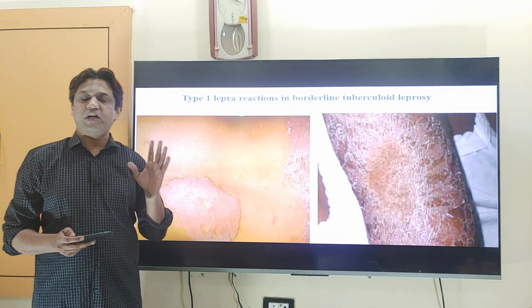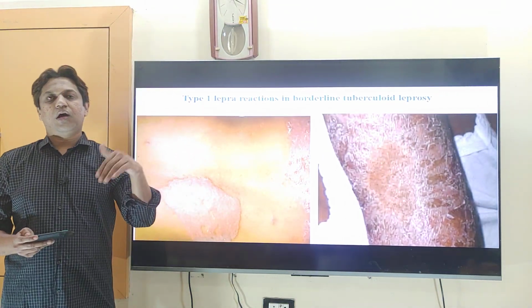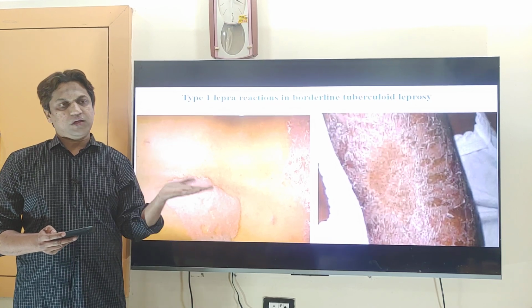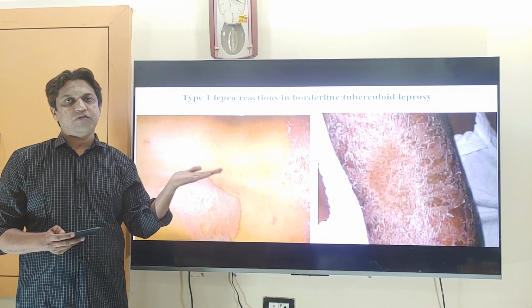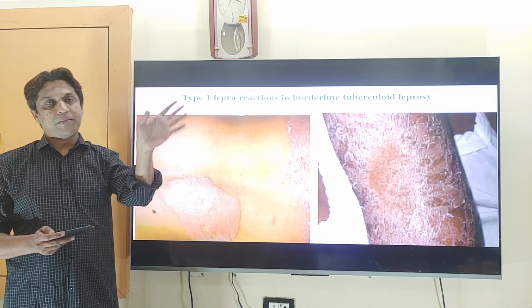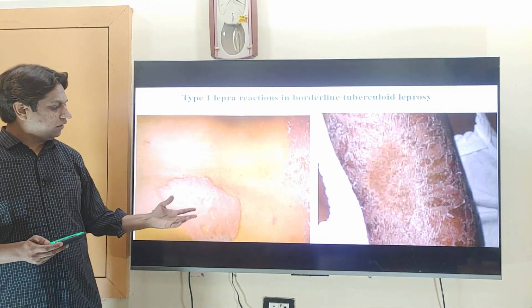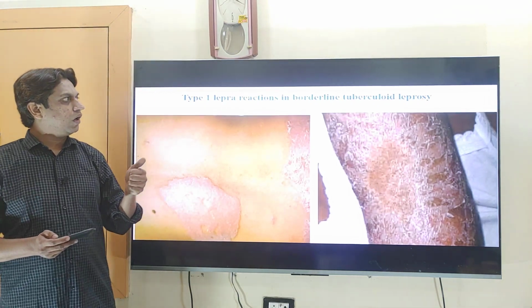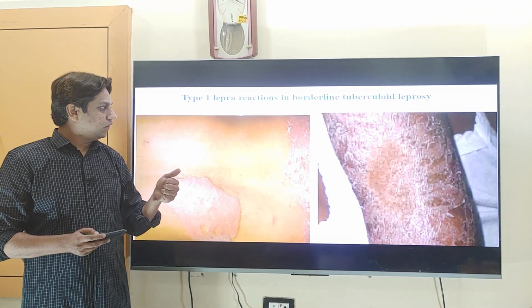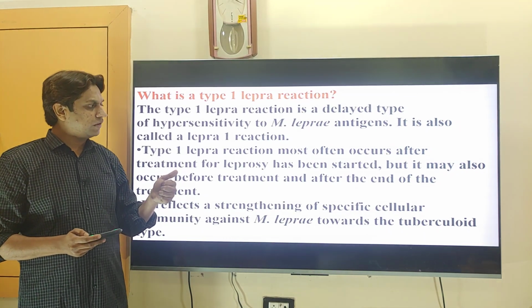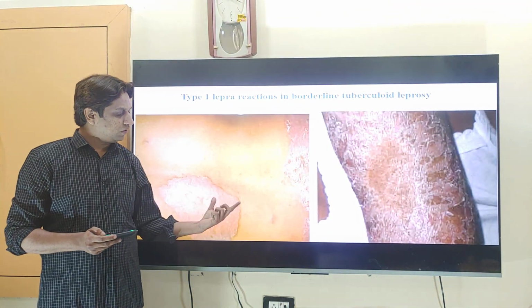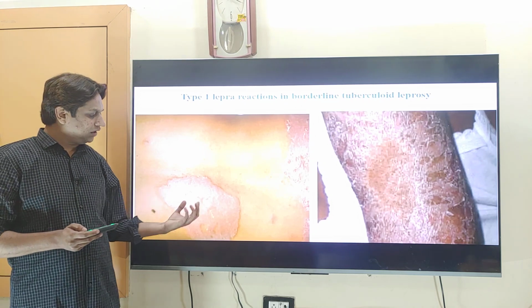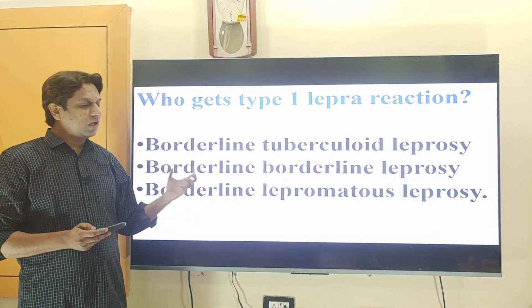Basically, when we start the treatment, the bacterial load reduces and the host response gets strengthened against the Mycobacterium leprae, and we get this inflammatory reaction. One thing to remember is that type 1 leprosy reaction usually occurs on the existing lesions. These existing lesions become erythematous and indurated.